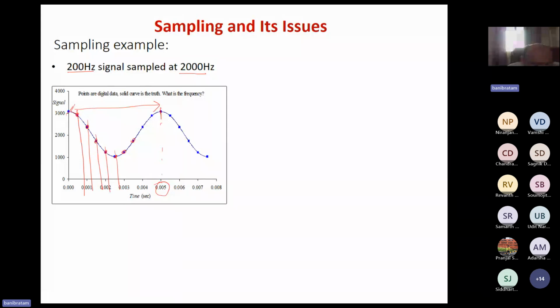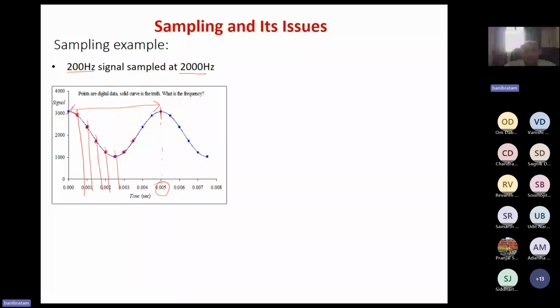I am sampling the signal. After sampling the signal, I will be getting these discrete dots, right? Now, what is the objective of the sampling? I want to convert this analog signal into a digital signal, or discretize it. Why do we need to discretize it?